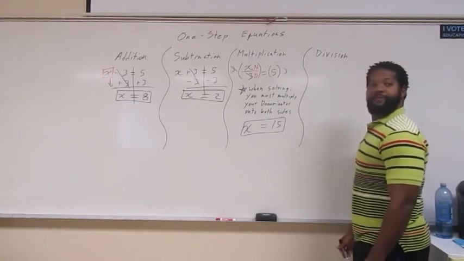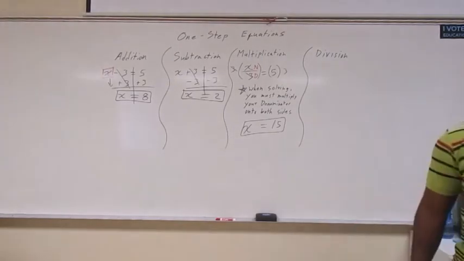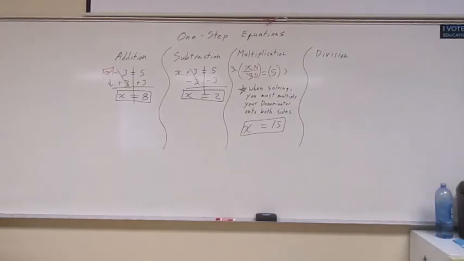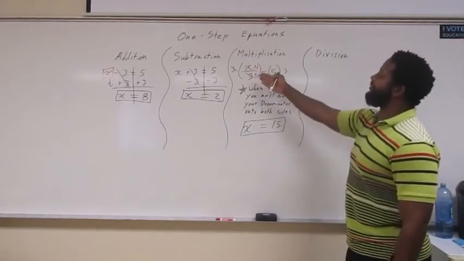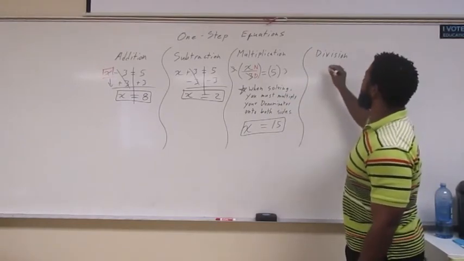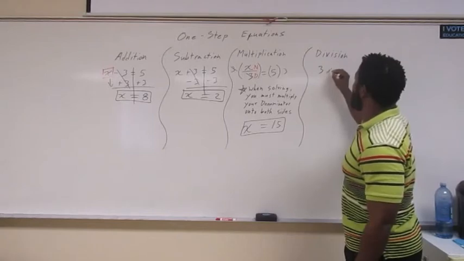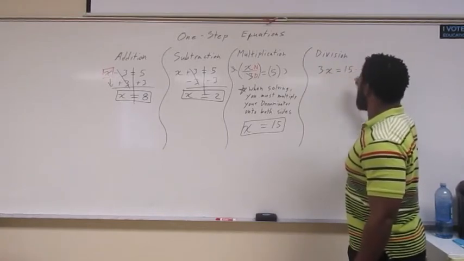Division. Division deals with other numbers. Division deals with pretty much dividing. So say you got 3x equal to 15.